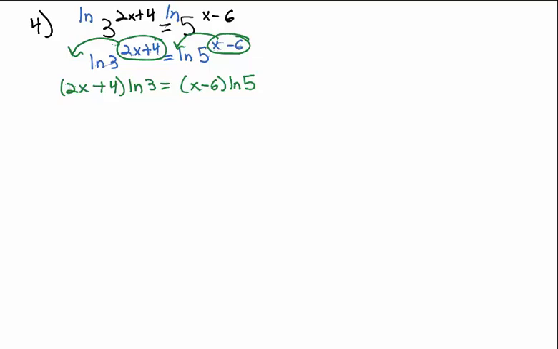We have fewer options for solving here. We need to get rid of these parentheses. So let's distribute through the parentheses just like we did last time, giving us 2x natural log of 3 plus 4 natural log of 3 equals x natural log of 5 minus 6 natural log of 5.